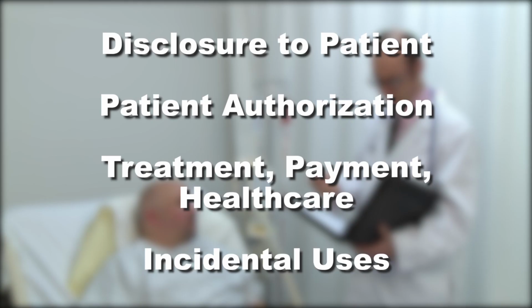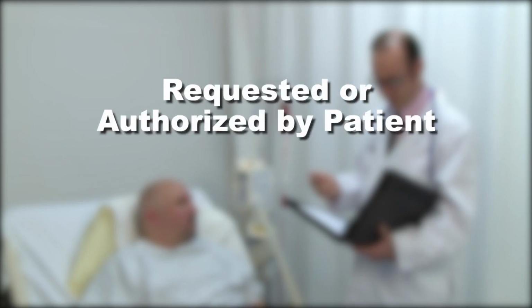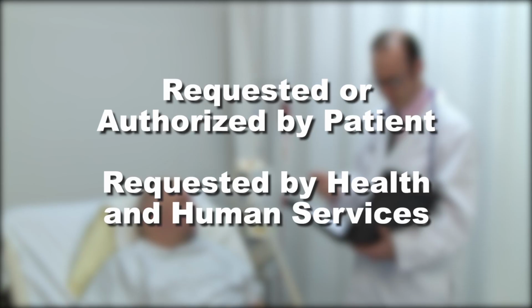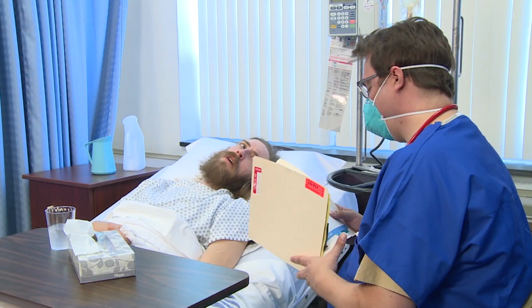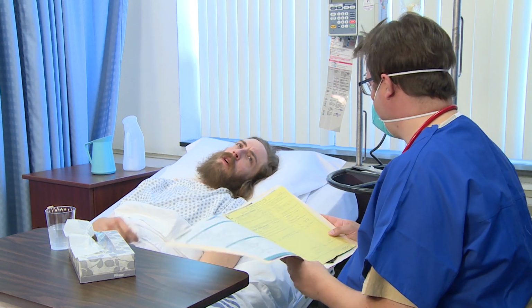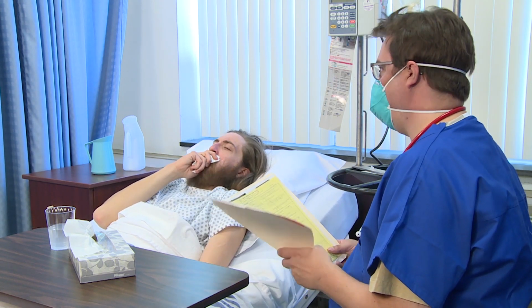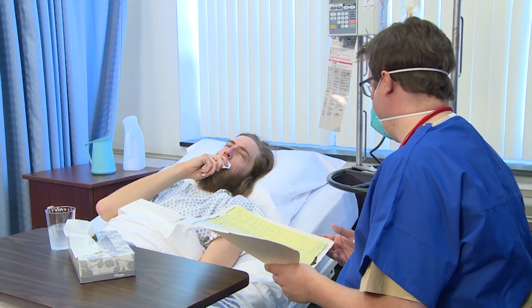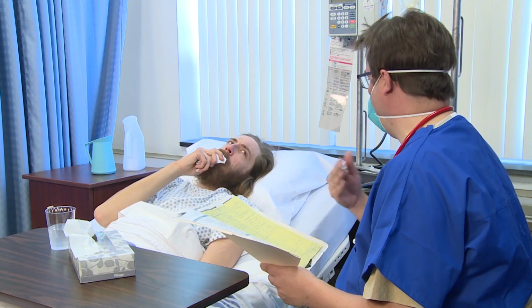The use or disclosure of PHI is required when it's requested or authorized by the patient, and when it's requested by the Department of Health and Human Services. Since healthcare providers need access to PHI to provide quality care to a patient, patients cannot restrict disclosure of their PHI for purposes of medical treatment.